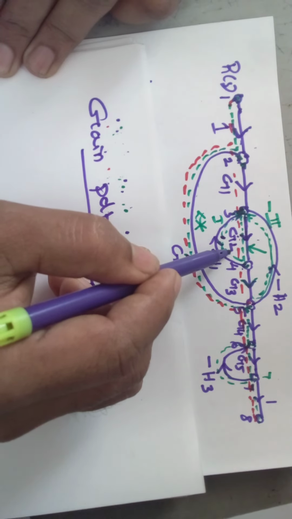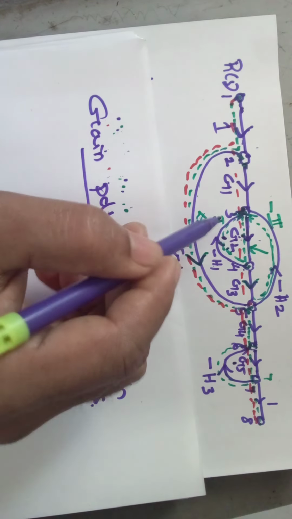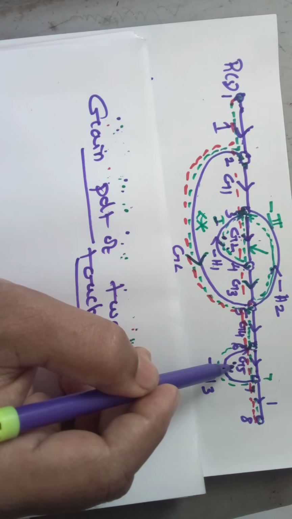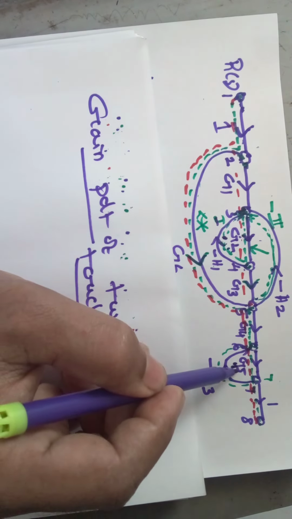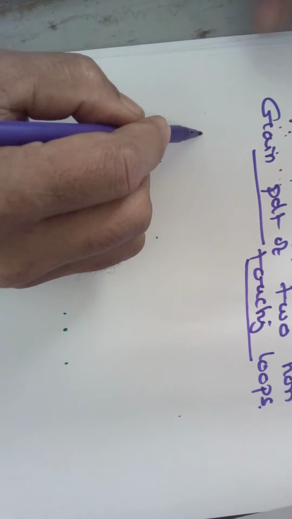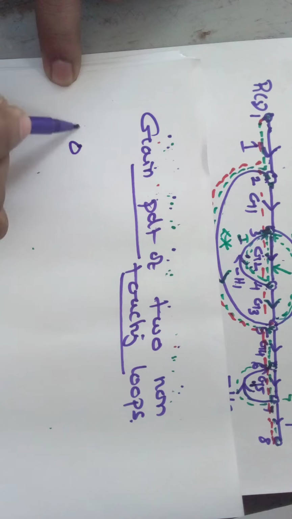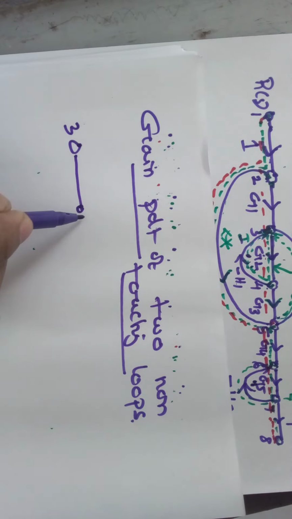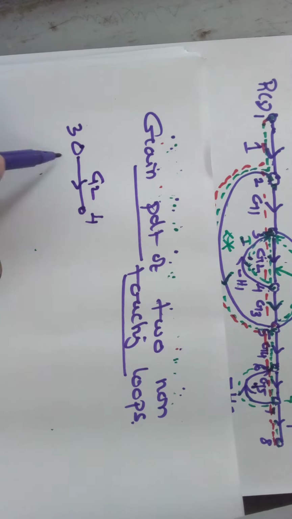See here, loop number 1 and loop number 3 are non-touching. These are not touching each other. Similarly, loop 2 and loop 3 are not touching each other. Therefore the first pair is this loop that starts from node number 3, reaches node number 4, with a forward gain of G2 and a reverse gain of minus H1.